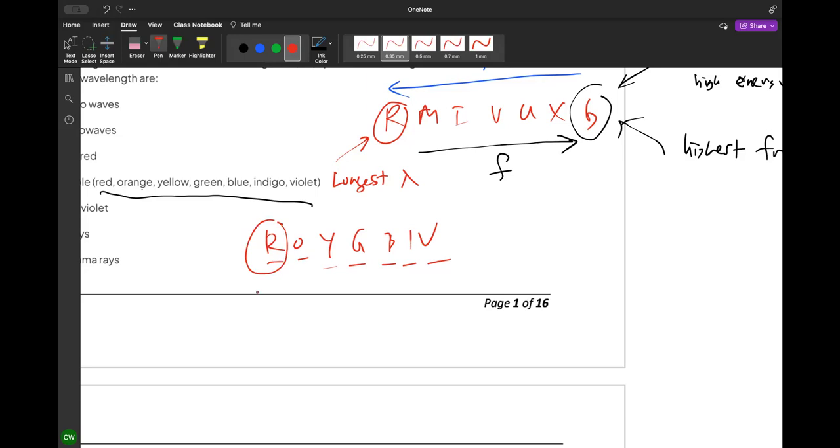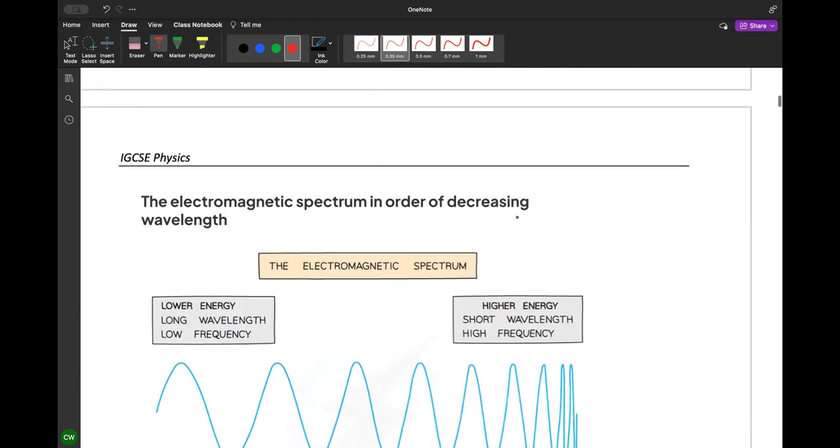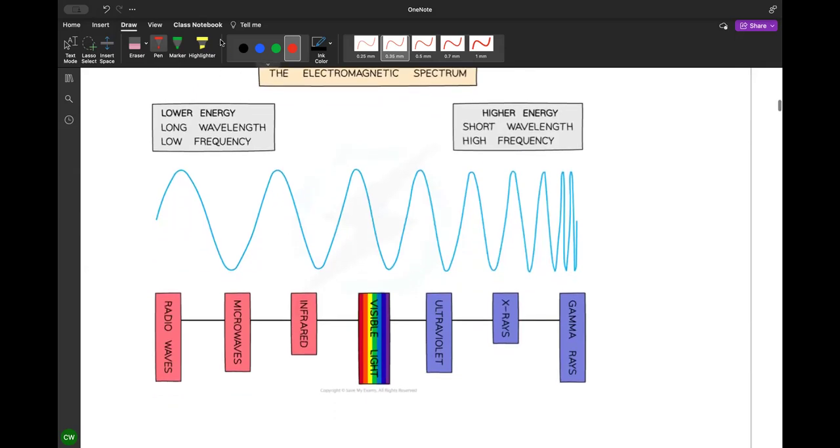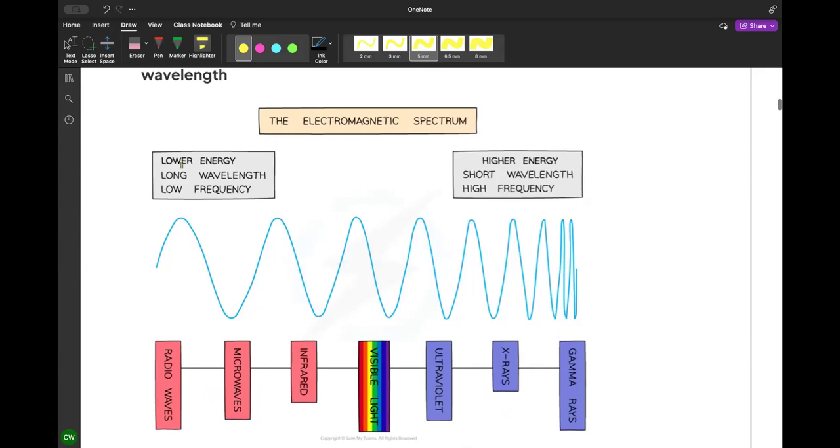Red has the longest, and violet has the shortest wavelength. So basically, you need to know long wavelength, low frequency, low energy; short wavelength, high frequency, high energy.